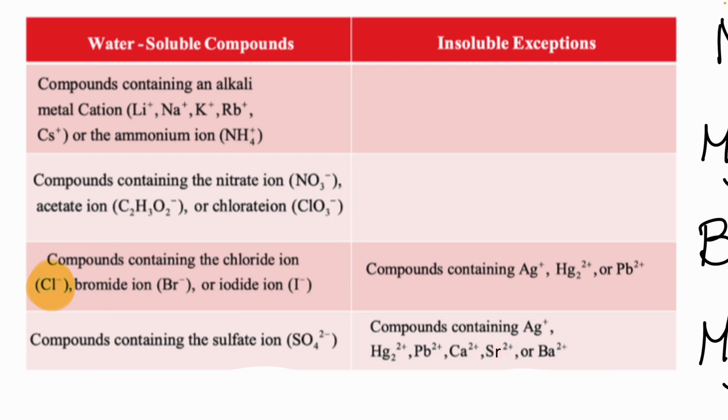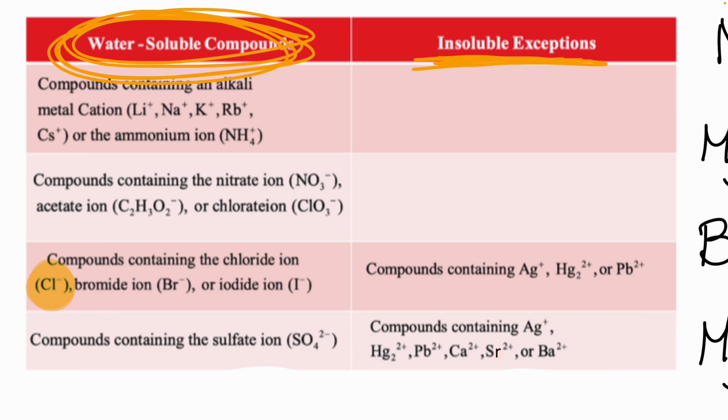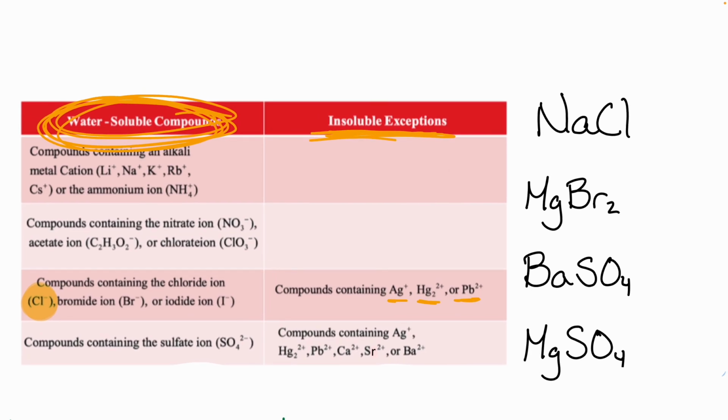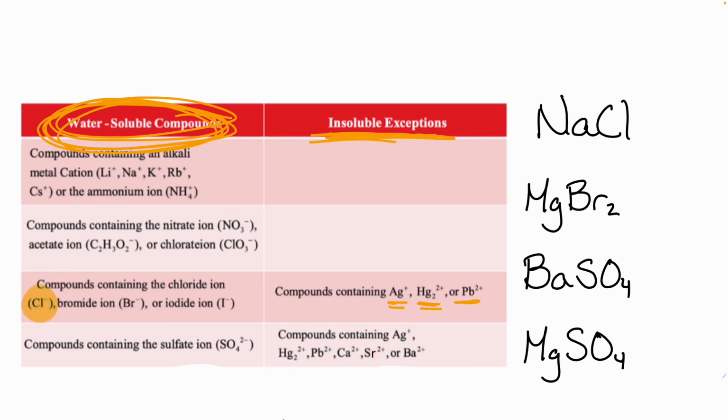So what this chart is telling me is that most chlorides are water-soluble compounds. Any sort of generic chloride you pick off the shelf, chances are that it is a water-soluble compound, except when it's paired with these few insoluble exceptions over here. If it's paired with silver, mercury, or lead, it is an insoluble compound. Otherwise, it's soluble. All right, so sodium chloride, is that soluble or insoluble? Is it one of our silver, mercury, or lead insoluble exceptions? No, so then it is indeed soluble.